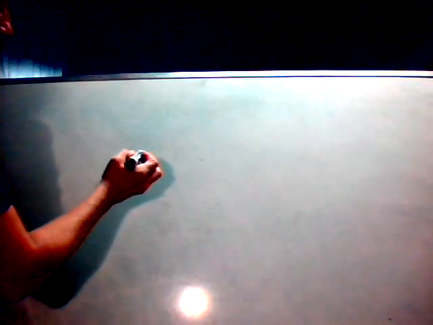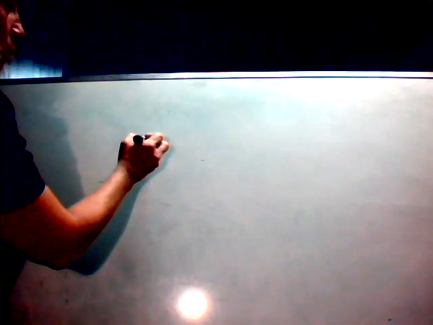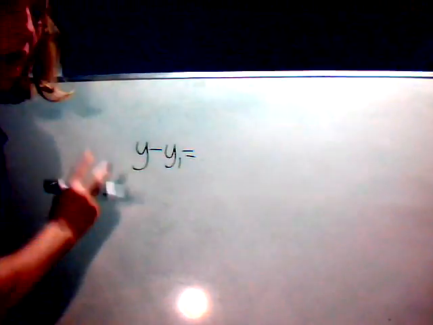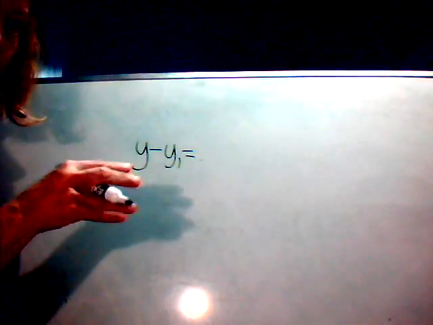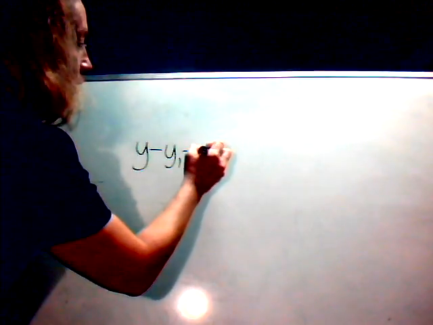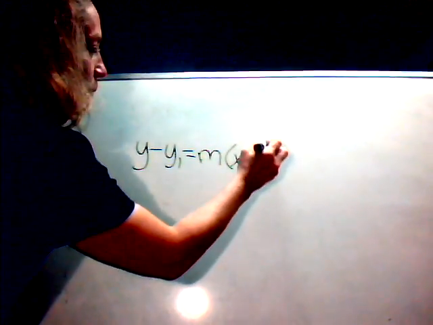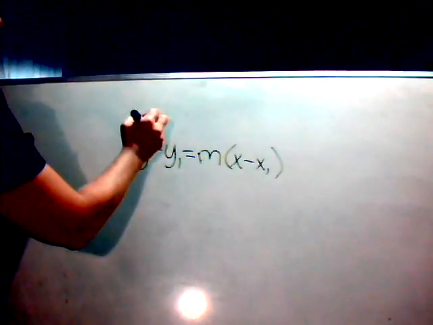Now we're going to start in a different form. I know there were a lot of questions in class about point slope, so I'm going to give you the point slope form. Here is what I call the skeleton. It's a skeleton because it's like the empty shell: y minus y1 equals m times x minus x1.